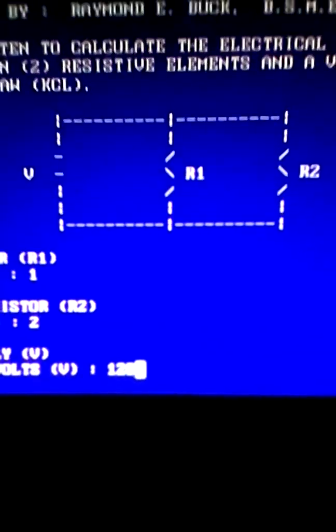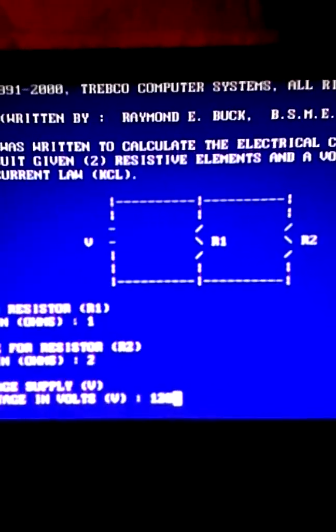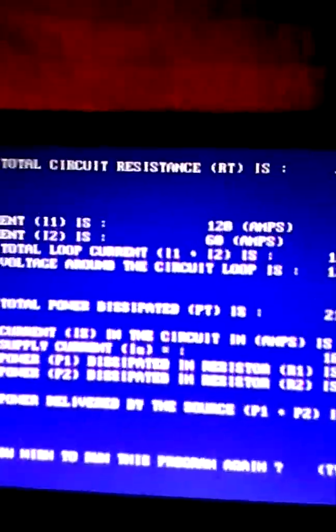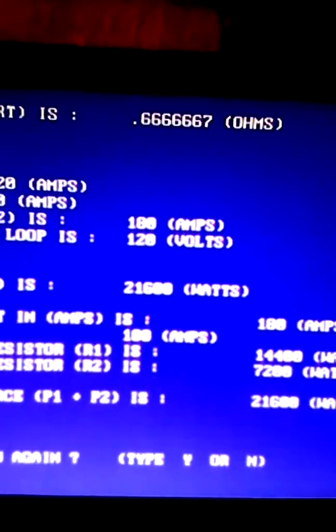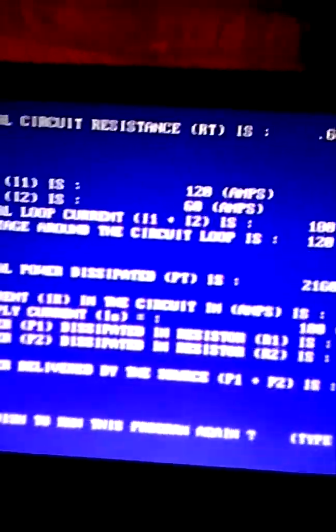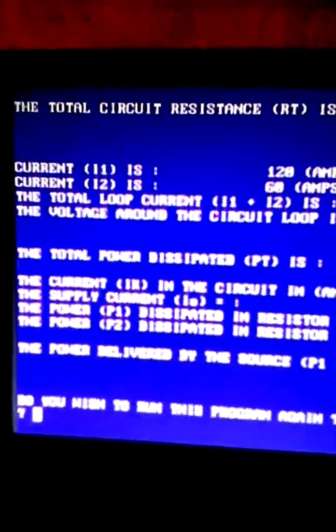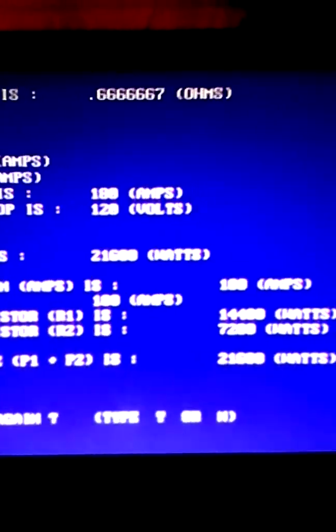And the voltage supply is 120 volts. There we go.